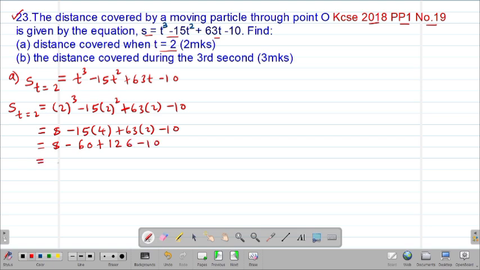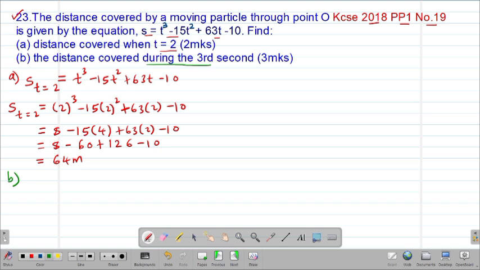So you feed that on the calculator, you're going to get 64 meters. Therefore, this is the displacement of the particle, or the distance covered by the particle when t is equal to 2 seconds.